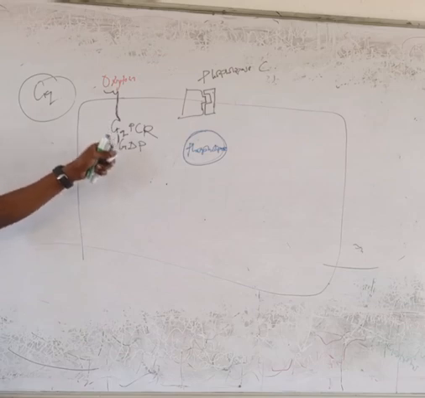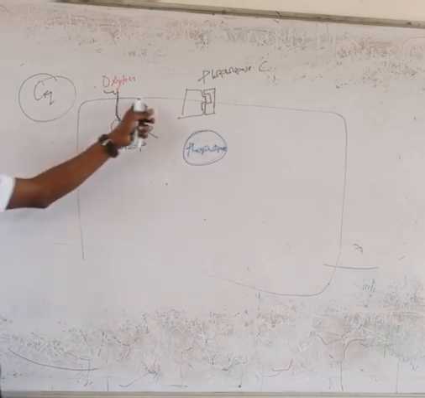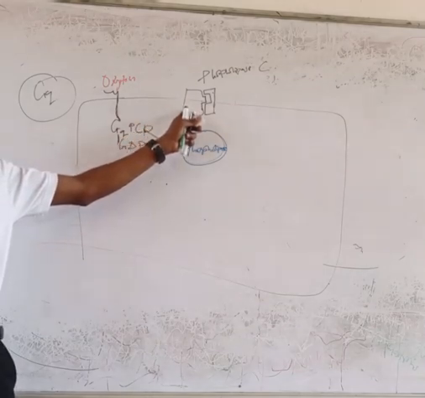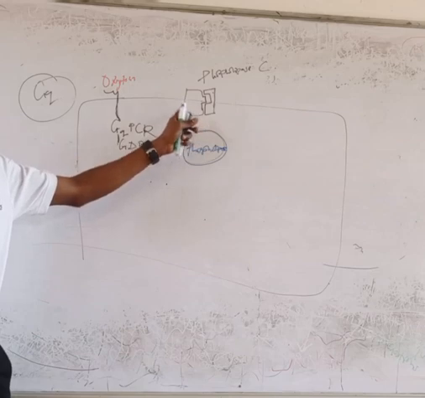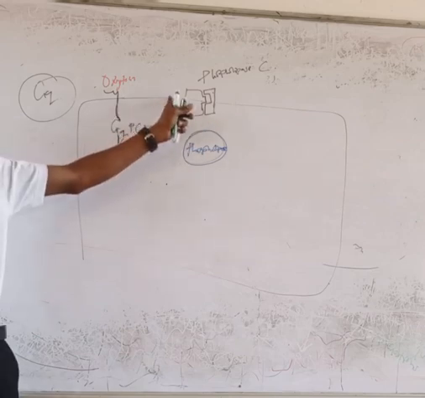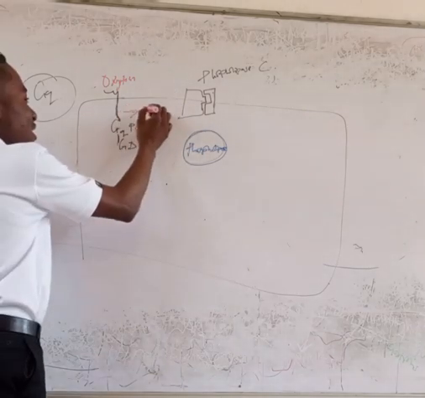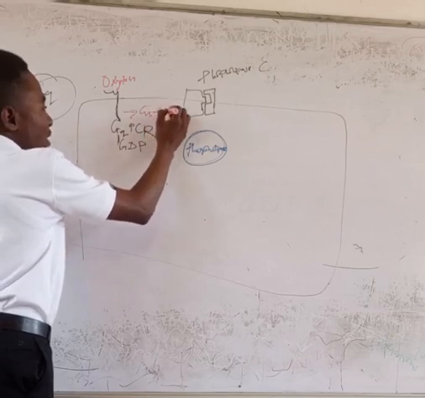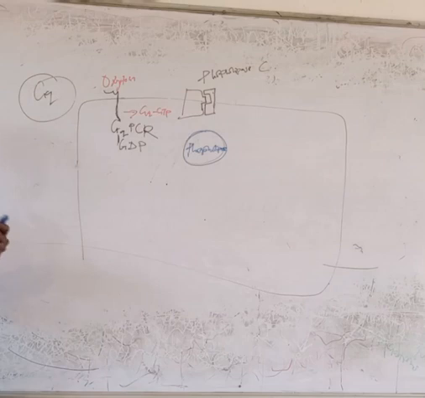So this becomes GTP, then it's active. And then it will move along the membrane and find where the enzyme is. The enzyme is not active. So when this comes here, it activates it. Remember, when it's active, it is Gq with GTP, because it's active.